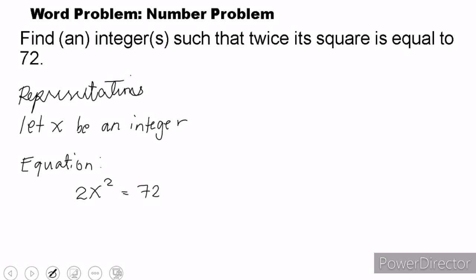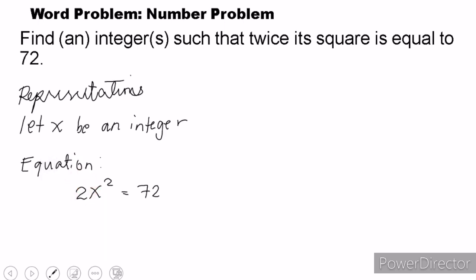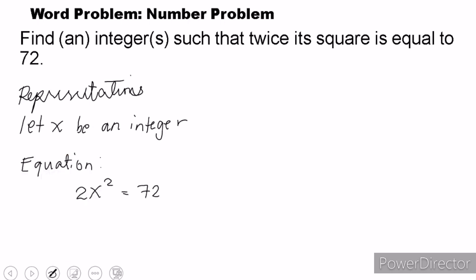Okay. So, nagkaroon tayo ng 2. Itong 2 na ito ay yun yung twice. Yung x, ito yung integer. Yung 2 na raised to 2 naman, yun yung square. So, na-write na natin siya. Okay? Then, afterwards, pwede na tayong mag-solve.